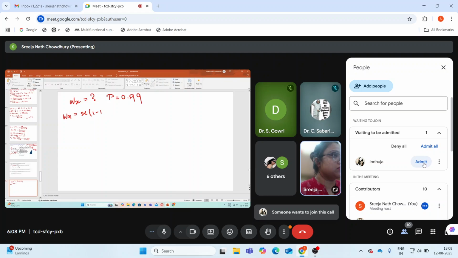So now we will come to the formula. Wx will be 100 into (1 minus 0.99) squared into 0.99 to the power 100 minus 1. So let's solve it.